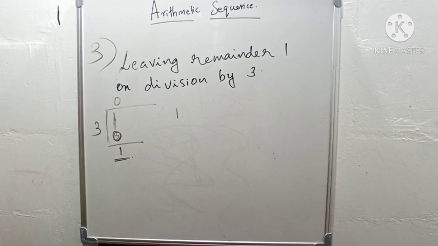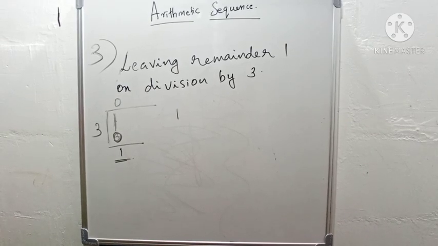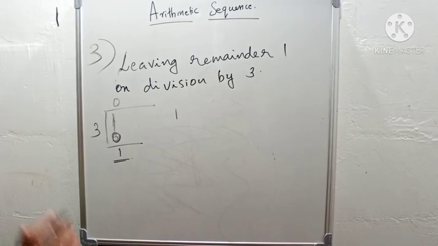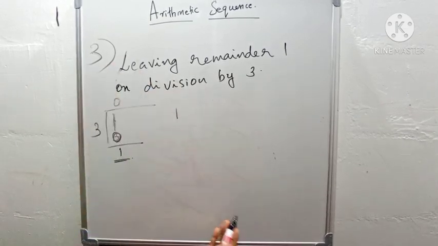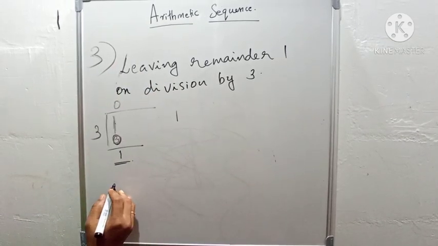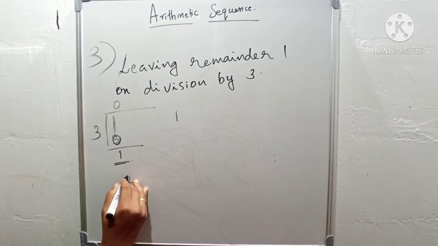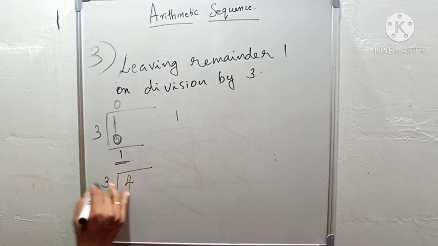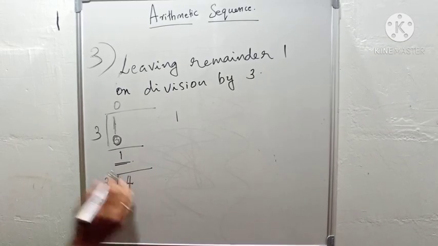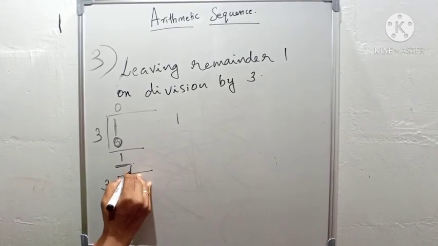Okay, then what about the second number? We know that, yes, 1 plus 3. Which is that number? 4. Okay, 4 is the next number. And if we divide 4 by 3, what is the answer?